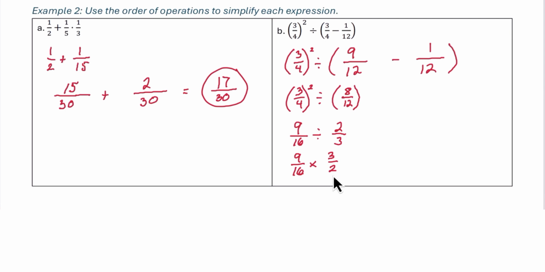And now with multiplication, we can multiply the numerators. 9 times 3 is 27. And 16 times 2 is 32. This does not reduce, so we found our answer.